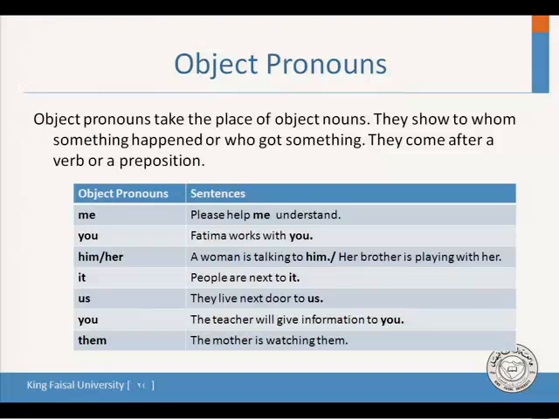They live next door to us. This is our house and this is their house. The teacher will give information to you. The mother is watching them. All these are object pronouns.